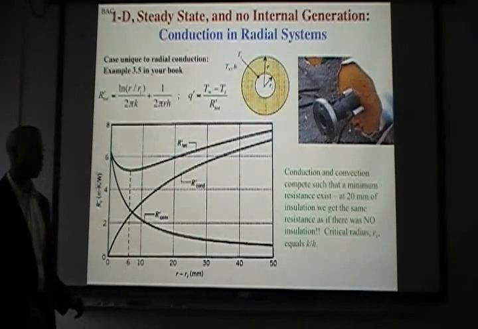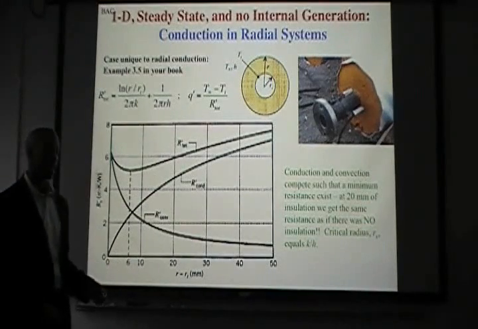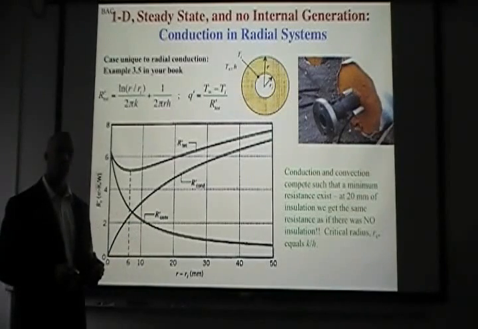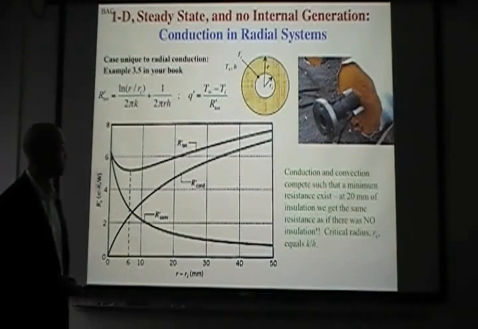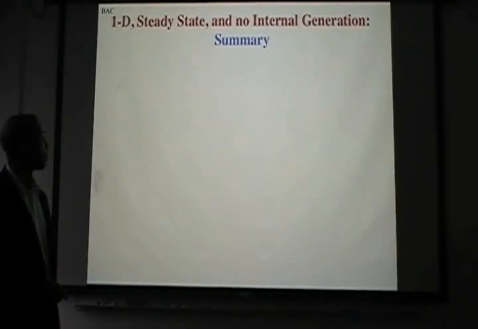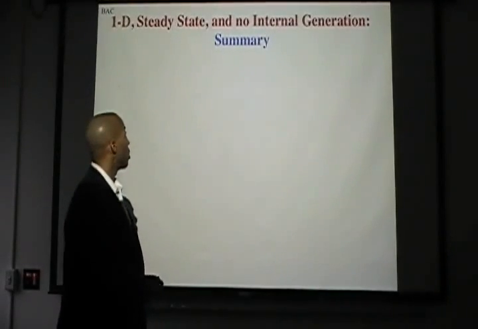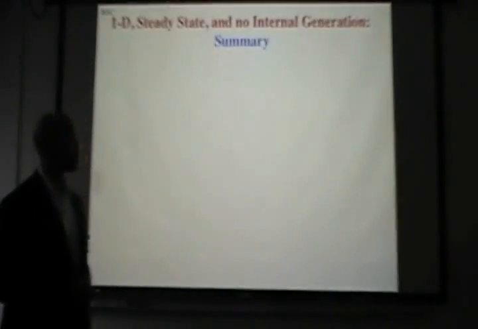Well, that critical radius or thickness is the ratio of the thermal conductivity of the material to the heat transfer coefficient on the surfaces of the material. So that concludes our look into 1D steady-state conduction with no internal generation.